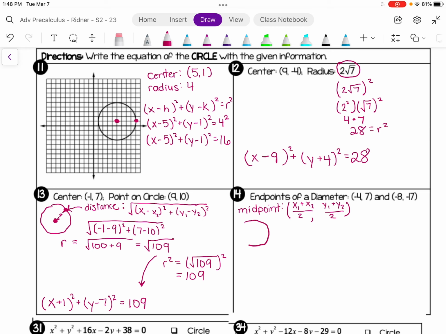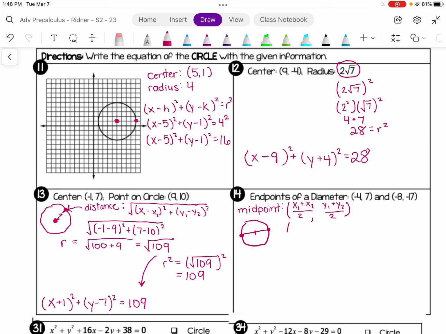All right. And the last one is the diameter. So if you remember, you have a circle. A diameter goes from one end to the other. So directly in the middle of that diameter would be your center. Directly in the middle should ring a bell as midpoint. So midpoint, what do you do? You add them together and divide by 2.